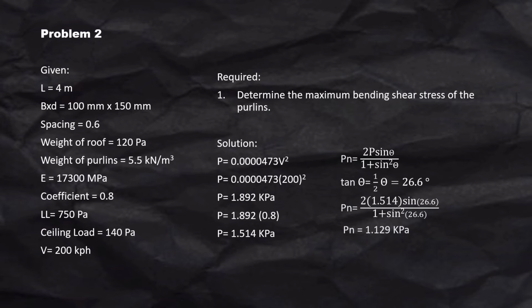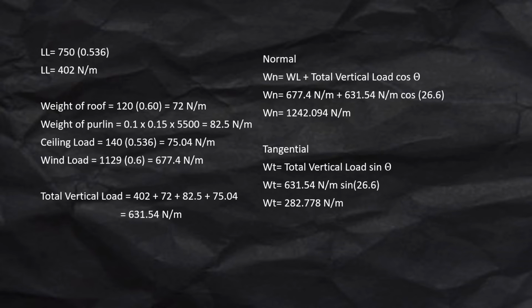So, P normal is equals to 2 times 1.514 sine 26.6 divided by 1 plus sine squared 26.6. At ang P normal natin dyan is 1.129 kPa. For the live load is equals to 750 times 0.536. At nakuha natin live load is 402 Newton per meter.